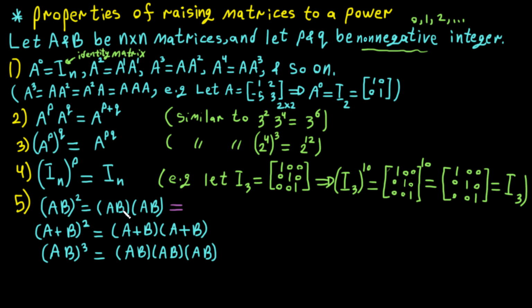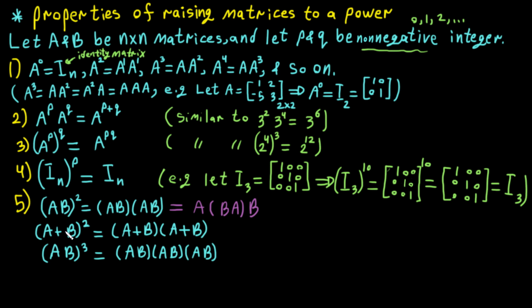You can write this product like this: A, then you multiply BA, then multiply B. So you multiply only these two, BA, then you multiply A from the left of BA, and after that you multiply ABA by B. But in general, in linear algebra we like to solve it by multiplying this one 2 times, which is 2 copies of this one multiplied together.